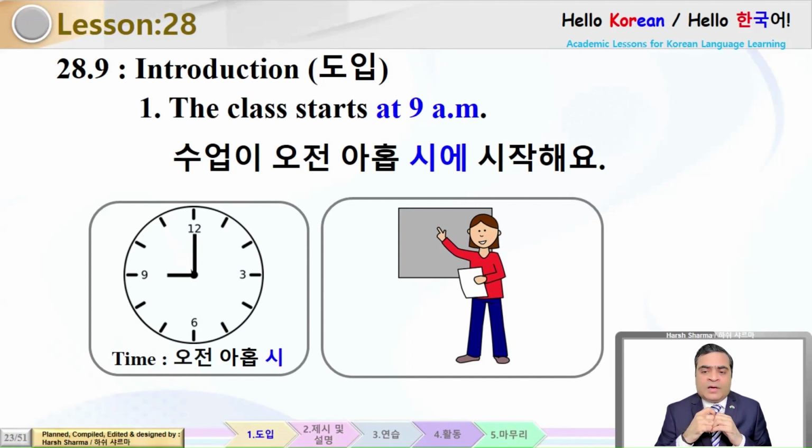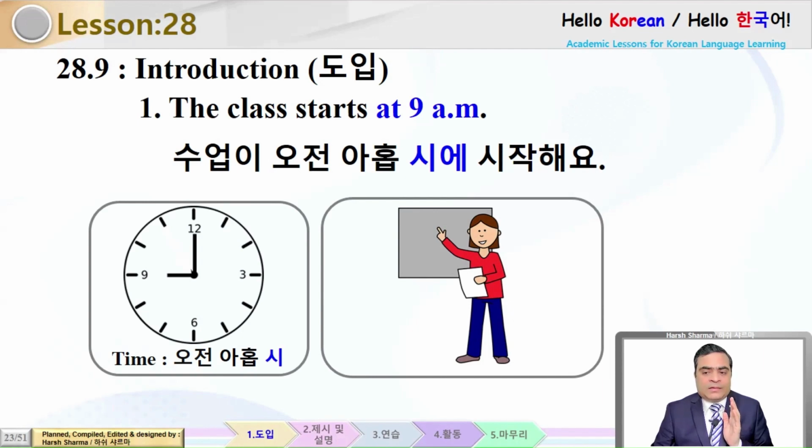For the 9 hours we have to use ahop, shi. And with shi, A is attached. This A is showing the time. And 시작하다, 시작해요 meaning is to start. 수업이 오전 9시에 시작해요. 네.